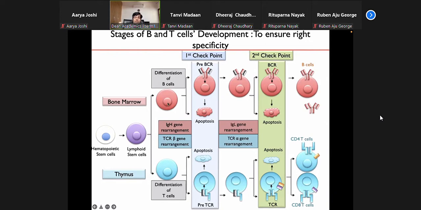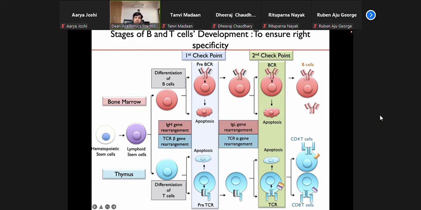After rearrangement, you get the transcription and translation of the rearranged sequence that you now have in the genome of these cells, right? And these things are then exported onto the surface to facilitate antigen recognition.